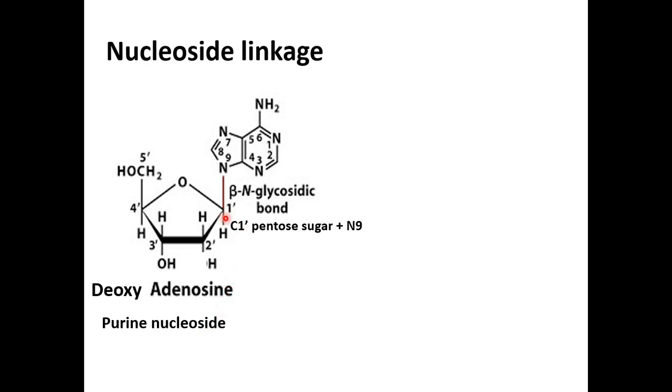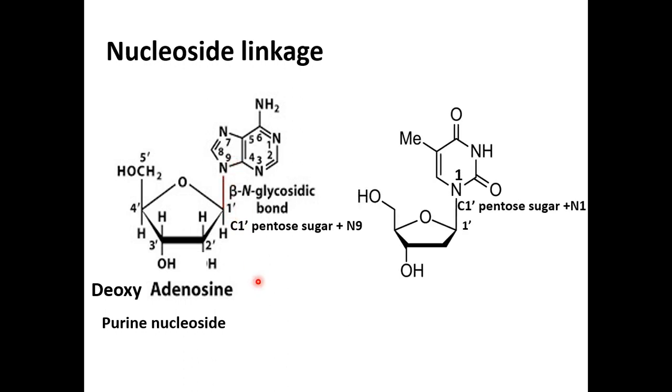In the purine nucleoside, it is linked by the 1 prime of the pentose sugar with the N9 of the nitrogen base. So it is 1, 9. While in the pyrimidine, it is 1 prime to N1. So it is 1, 1. So here the nitrogen is N1, while here it is N9. That is the difference between a purine nucleoside and a pyrimidine nucleoside.